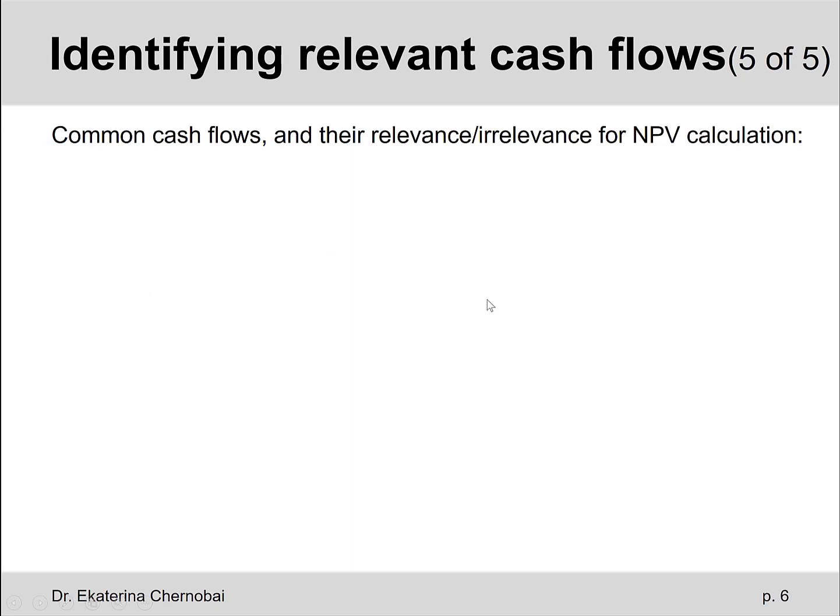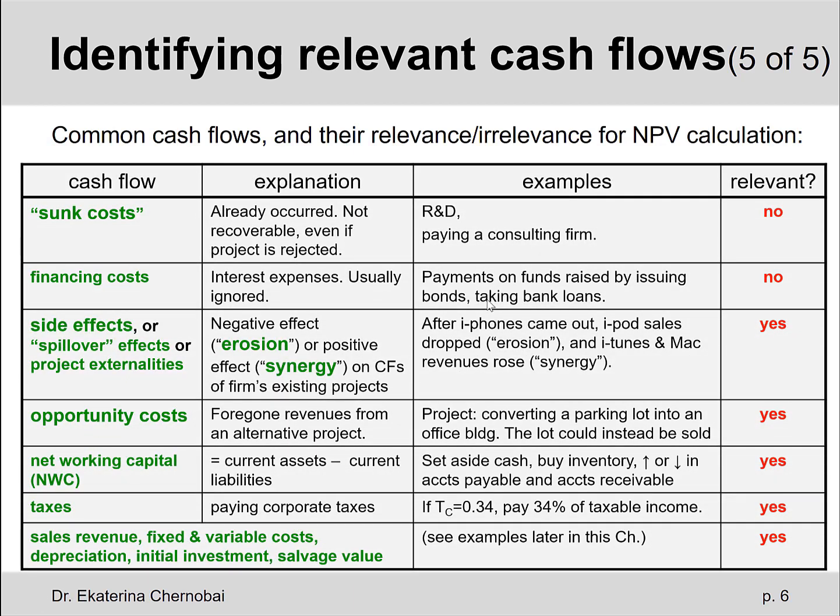Okay, so in this table here, I try to summarize different terms used for different types of cash flows. The first two rows include sunk costs and financing costs. And these are the two cash flows that I put no for in the last column in this table.